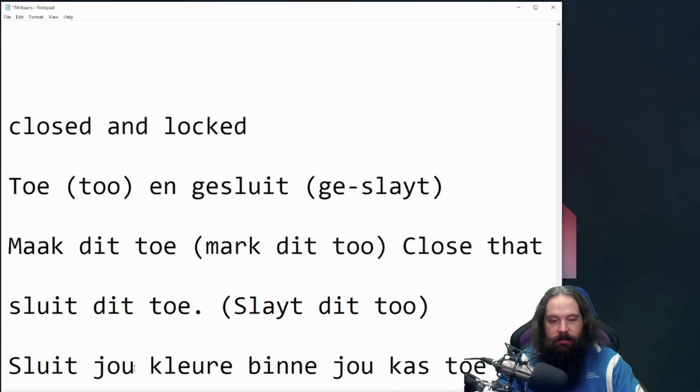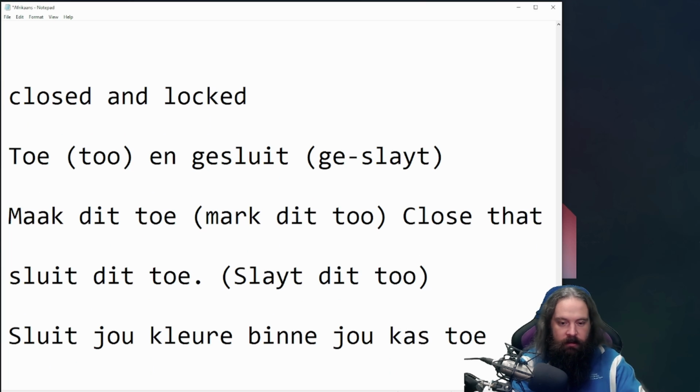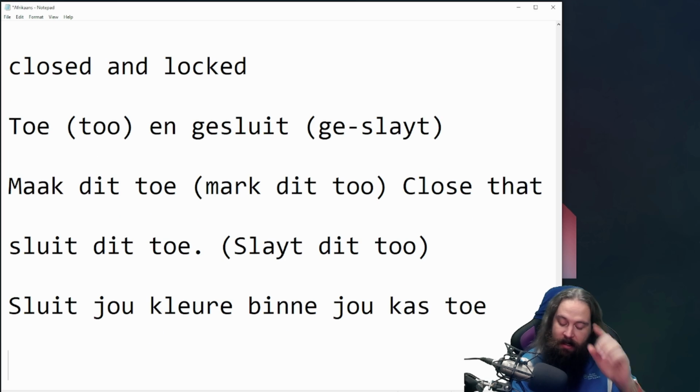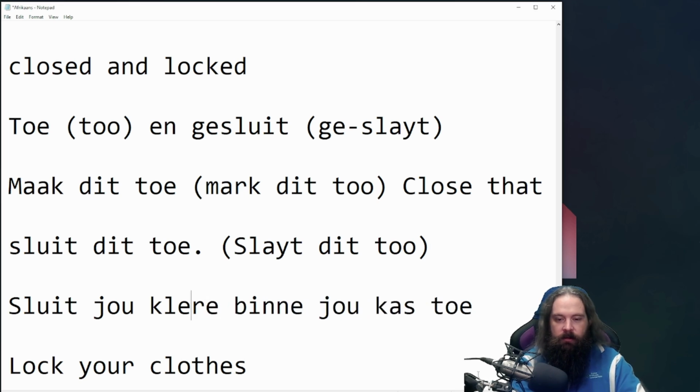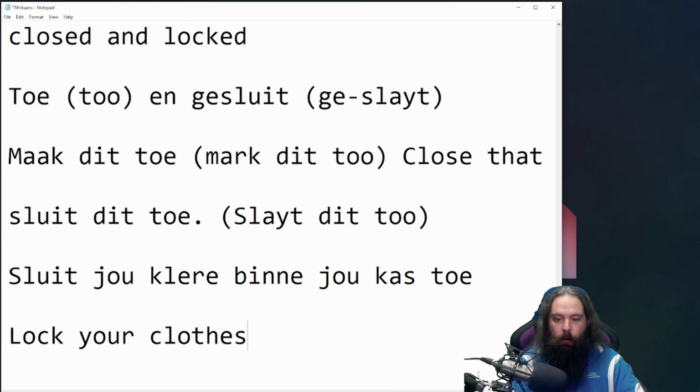Now again, as you can see, sluit and toe are used in the same sentence. And this literally translates, this is weird, lock your clothes. Oh, wait. That's the wrong spelling of clothes. Oh, crap. My Afrikaans teacher will hate me for this.